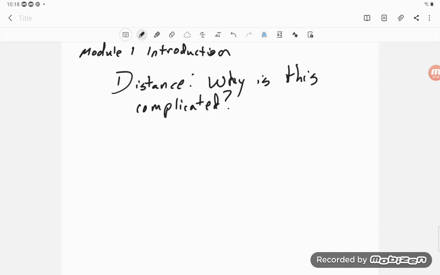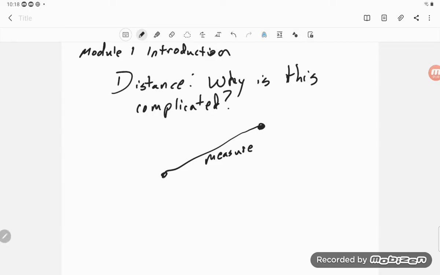So typically, if I just want to know what's the distance from here to here, I would just go in here and I would measure. Okay, I'd get out my tape measure, I'd get out something else, and I'd just measure and I'd get this distance.